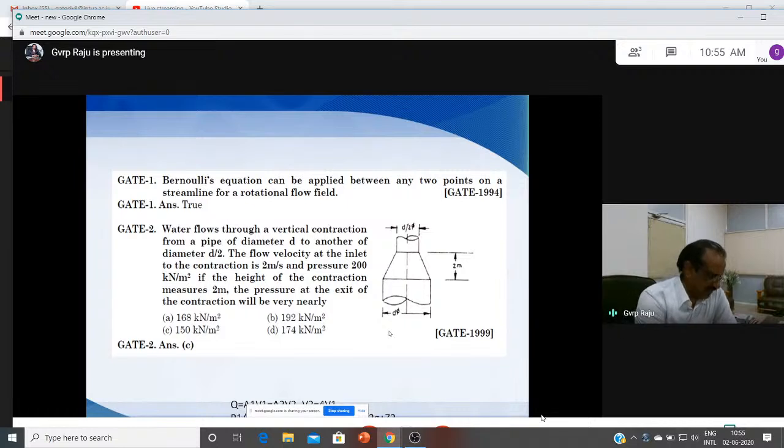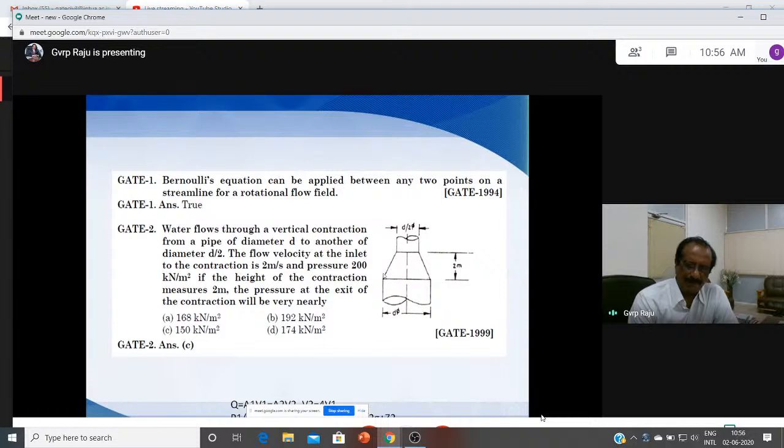Bernoulli's equation is P1 by W plus V1 square by 2G plus Z1 is equal to P2 by W plus V2 square by 2G plus Z2. Here we can take a datum: Z1 is 0 and Z2 is 2 meters. So this is the elevation difference, Z2 minus Z1 is 2.